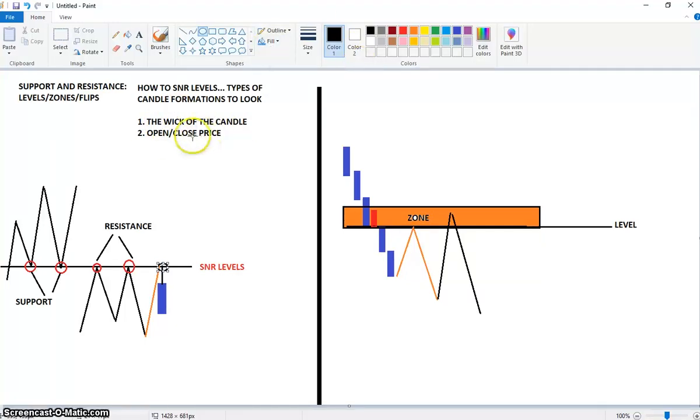Or we can do open and close price of the candle. In this case, it is going to be like this. Price can do this.